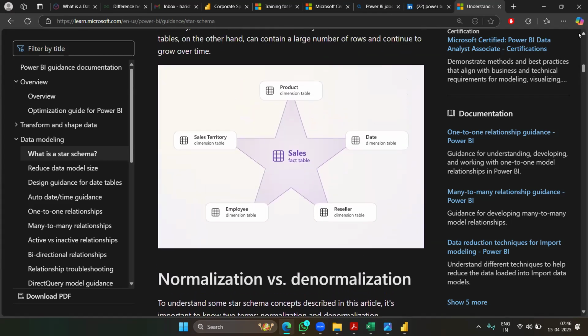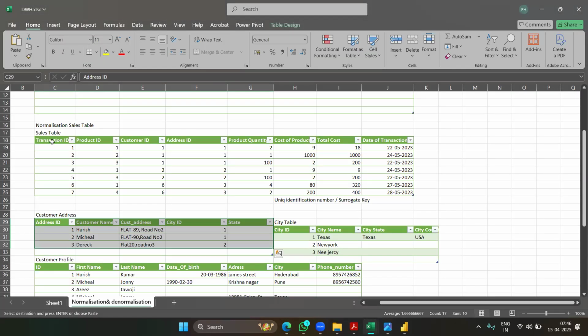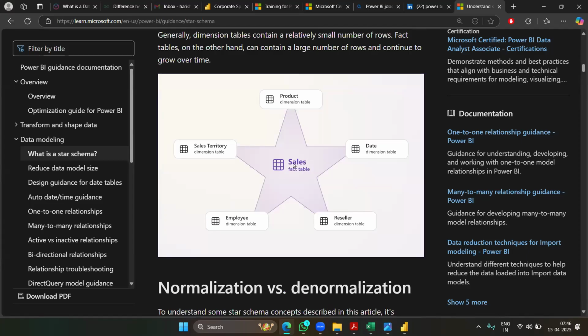If you see this diagram, that represents the tables. I have my sales table sitting at the center, which is going to capture information related to whatever sales happened. Whenever a sale happens, we would have an employee who made the sale, a product involved in that sales activity, and the date when the sale happened.